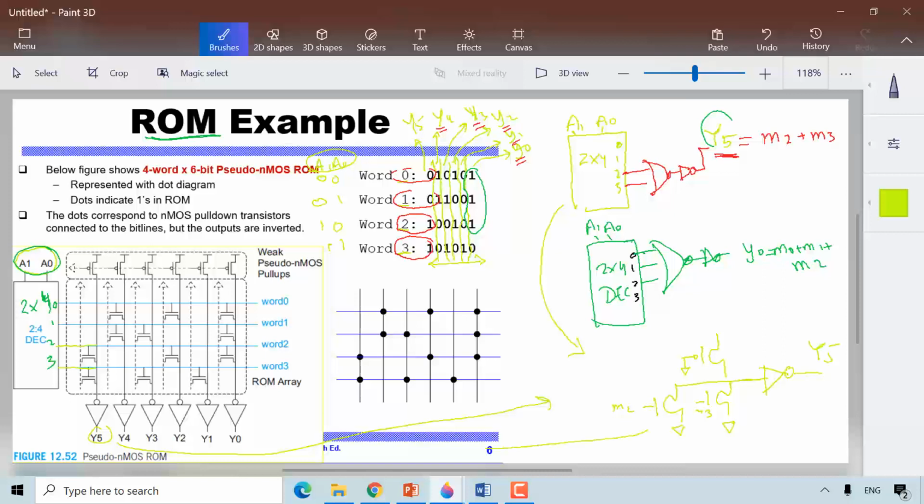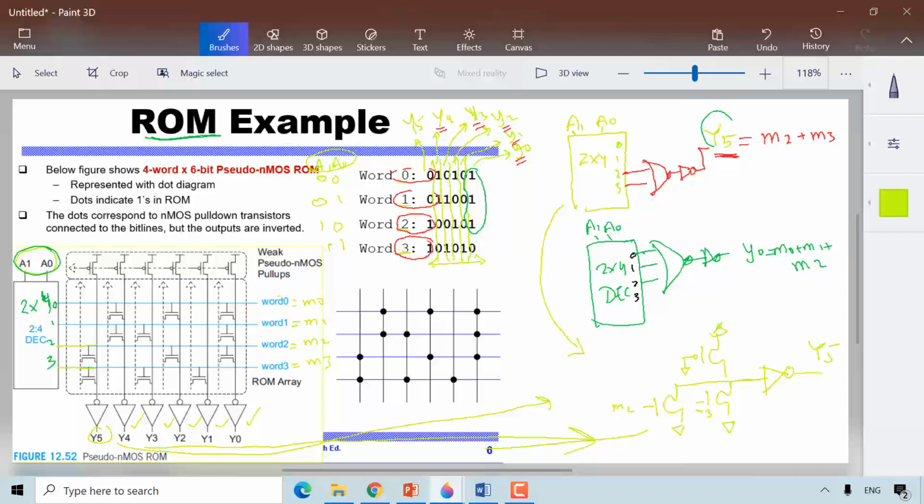This is exactly what he has done here. Similarly, you can implement the NOR gate for Y4, Y3, Y2, Y1, Y0. And notice that these minterms and words mean the same. So word 0 is actually minterm 0, word 1 is minterm 1, word 2 is minterm 2, word 3 is minterm 3.